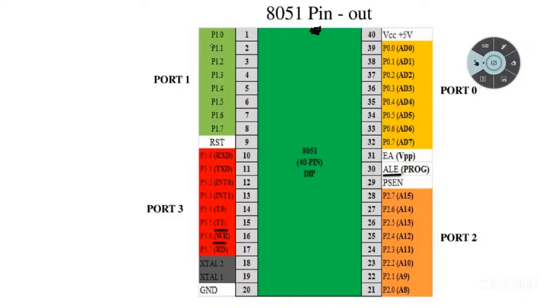Out of 40 pins, the remaining pins include the supply pins. Two pins are for power supply, where VCC means 5 volts.